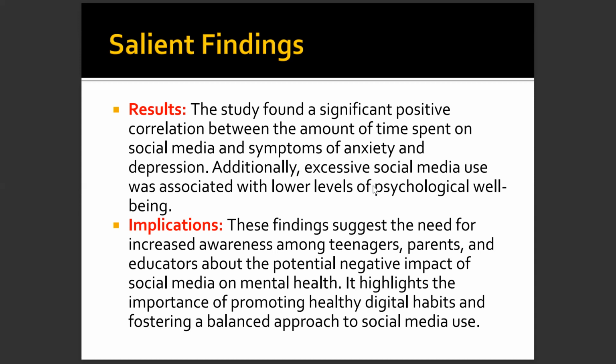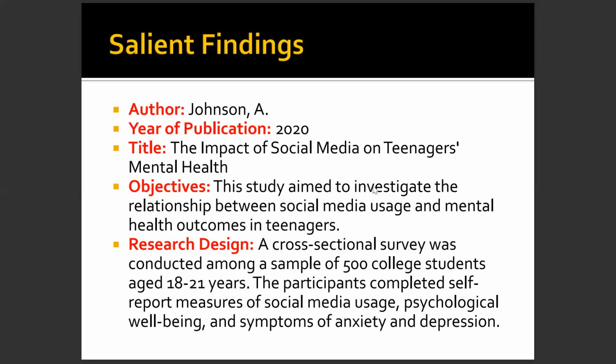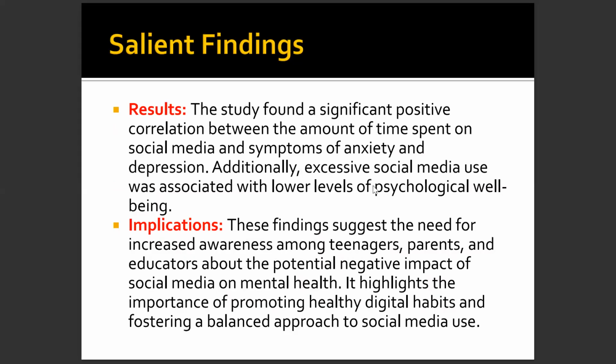It highlights the importance of promoting healthy digital habits and fostering a balanced approach to social media use. So this will be the complete set of your salient findings, having the author, the year of publication, the title, the objectives, research design, results, and implications.